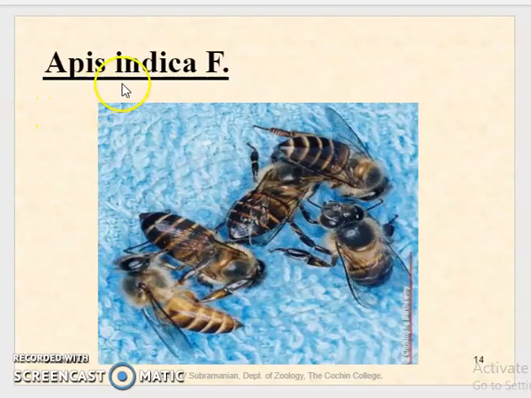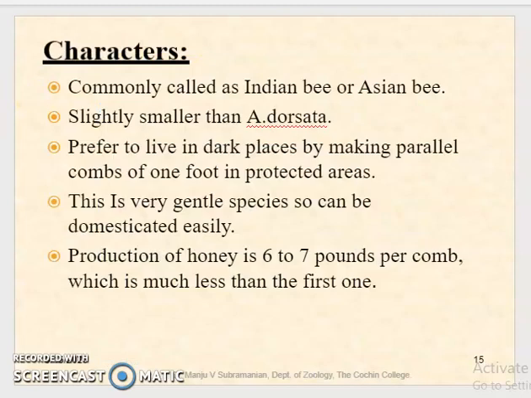The second type is Apis indica, a little bit smaller than Apis dorsata. They are called the Indian bee or the Asian bee. They prefer to live in dark places, making parallel combs of one foot in protective areas.